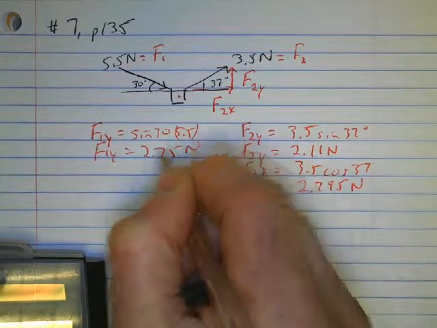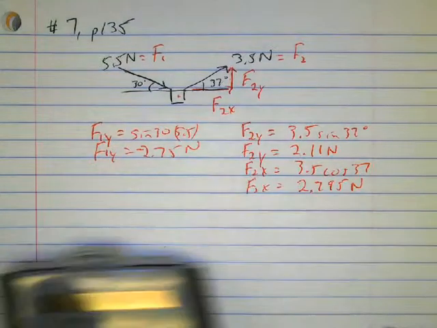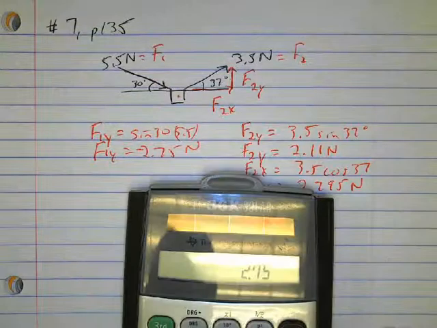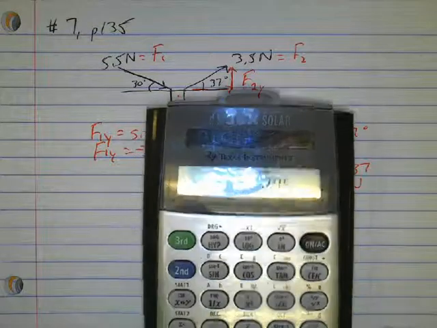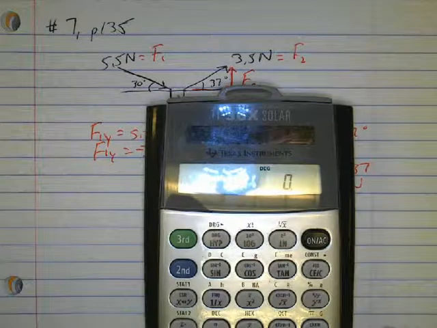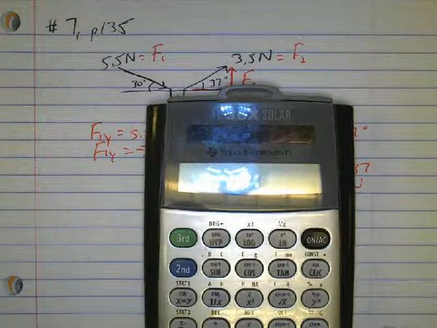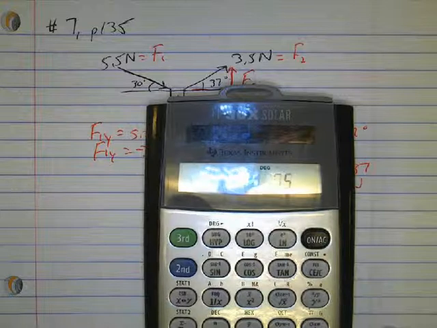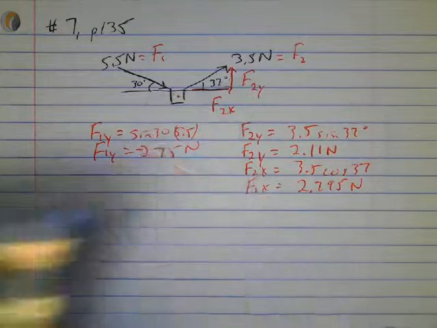Notice that that one's directed downward, so I'm going to put a negative on it. In the x, it is cosine, 4.76.